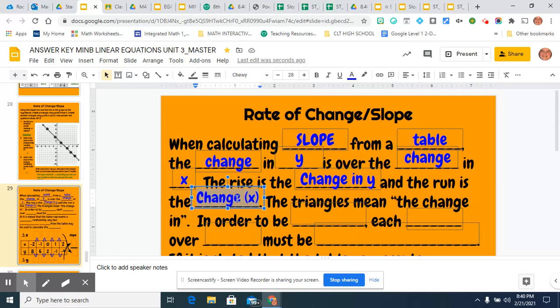So the triangles, I'm going to change this. I guess I'll put the triangles in. Oftentimes when we write change in x, we don't actually write out the word change. We use the delta triangle. So I'm going to insert a special character here.